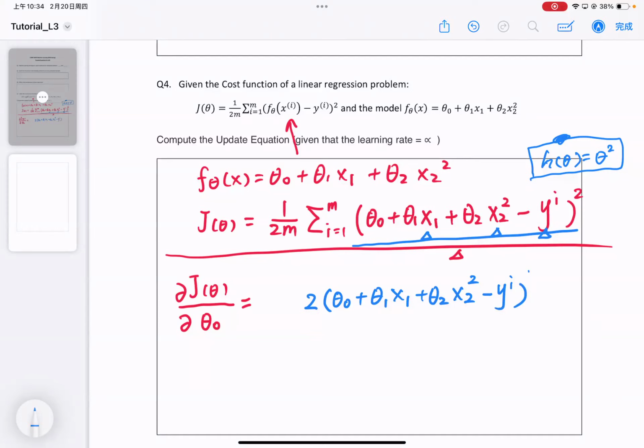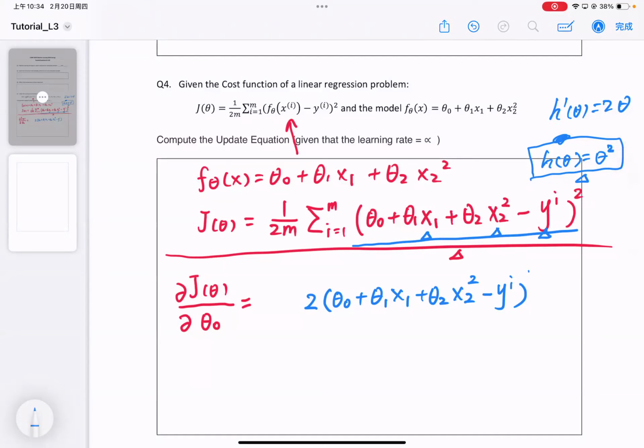So you just move this power of 2 to the front according to this formula, something like this, h theta is equal to 2 theta. So just put the power of 2 in front of it, okay?